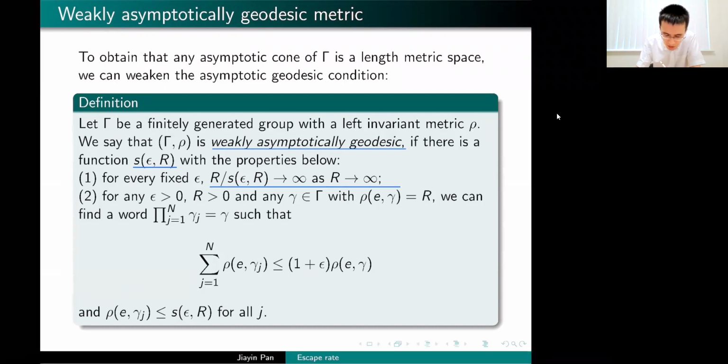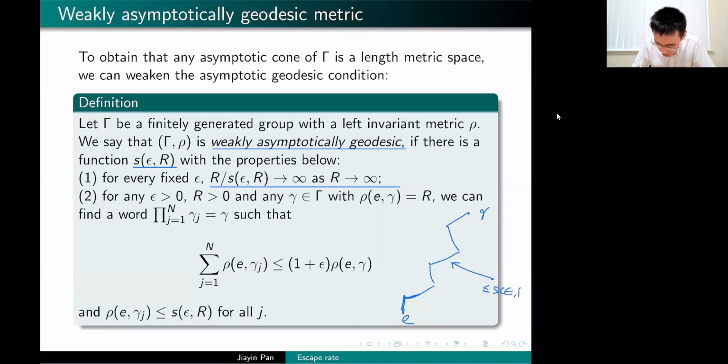This estimate holds for gamma with length R. So in other words, let's say this is gamma, on a group, and this is the identity. Each segment here has length less than or equal to S epsilon of gamma, right?